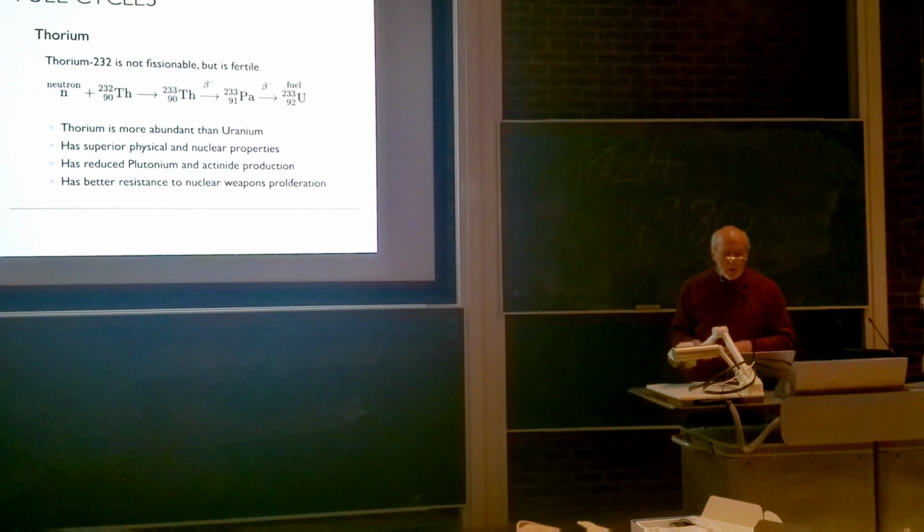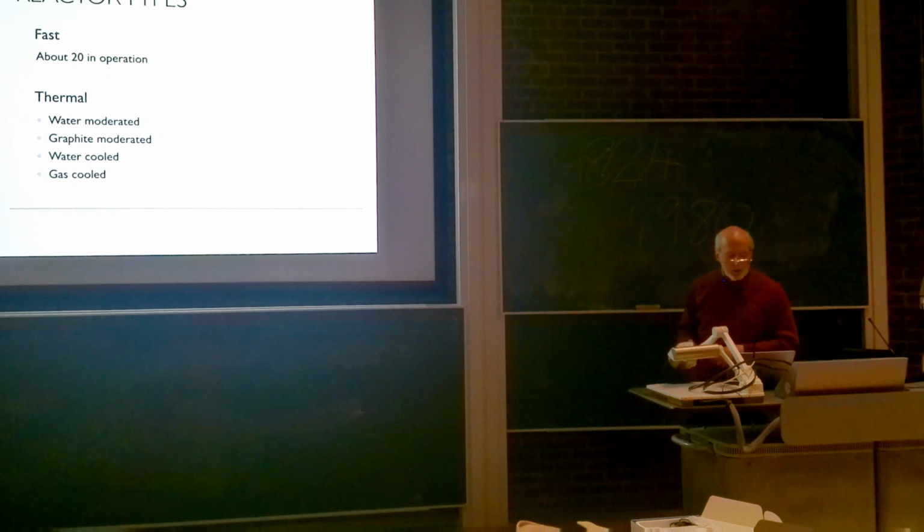Okay, we've talked about fast neutrons and thermal neutrons, and they're basically the different types of reactor. There's lots of variations within those, but there are those two types. I'm told, I think it was on Wikipedia, that there are about 20 fast reactors in operation around the world.